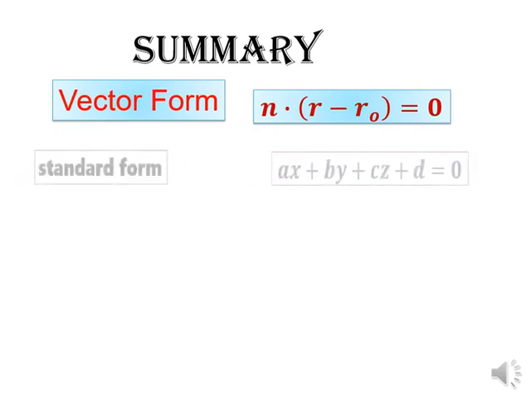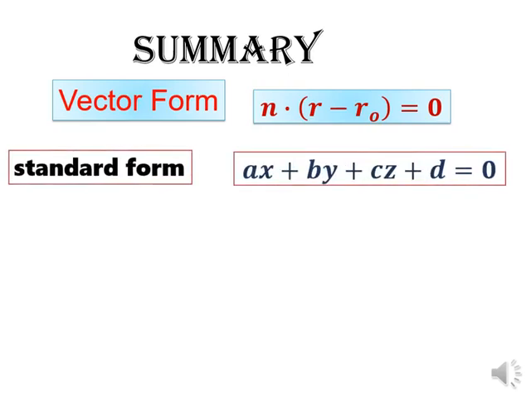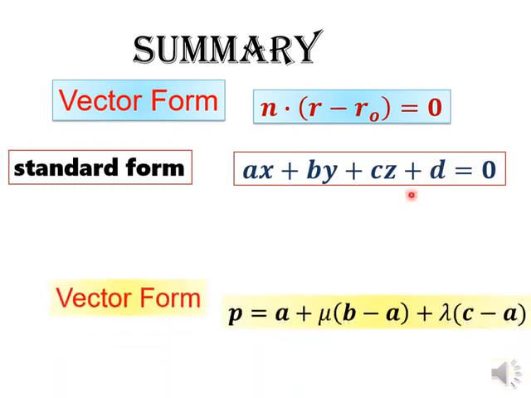We have also looked at the standard form, which is ax plus by plus cz plus d, where a, b, and c are components of a vector normal to a plane. That's the coefficient of x, y, and z are components of a vector normal to our plane. Then also d can be determined as we had shown in the steps above.